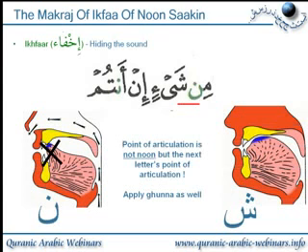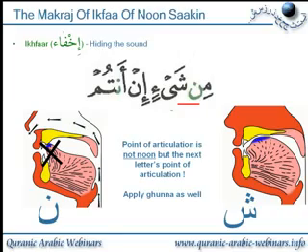So what we're going to do here, we're going to look at the makhraj to emphasize what we just said. So we're looking at the example we did before, which was min shay'in. So we're going to do the min with the Ghunna, plus we're getting our tongue ready for the articulation of sheen instead of the Noon.